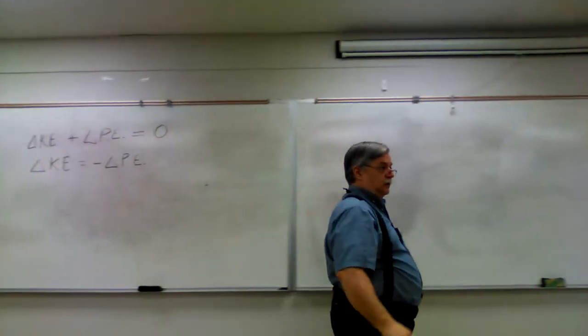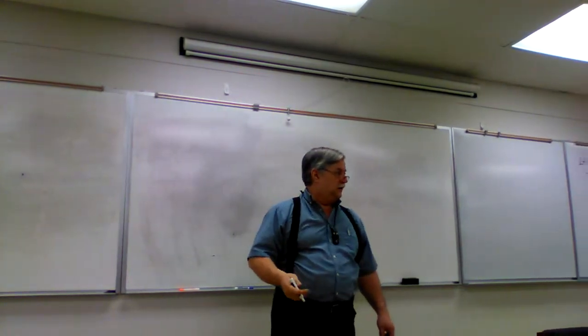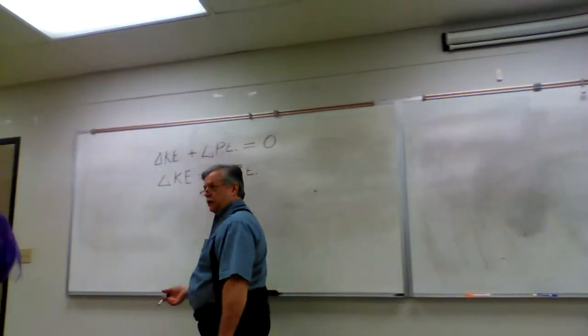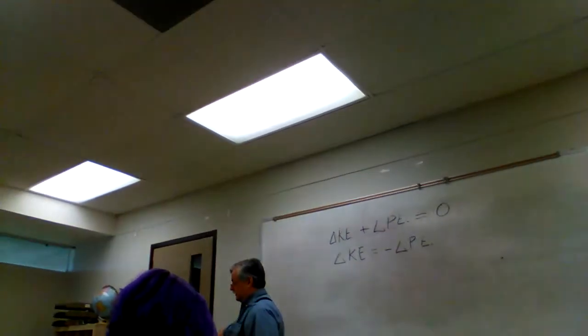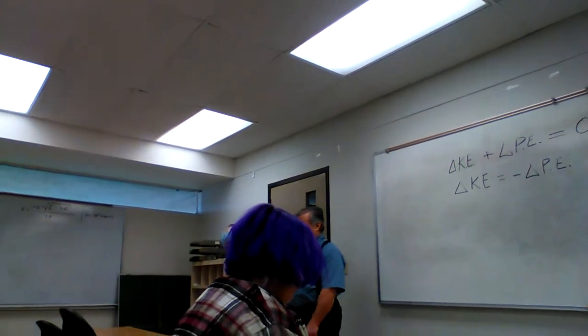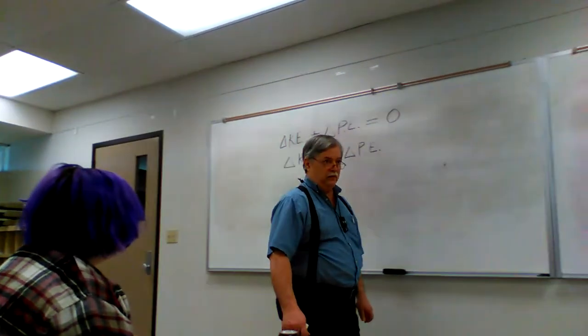And this is what is going to be the focus of our lab this week on Thursday. We're going to measure the potential energy of a dynamics cart on a track that's elevated and use that potential energy to calculate how fast it will be going when it gets down to the level track on the floor.